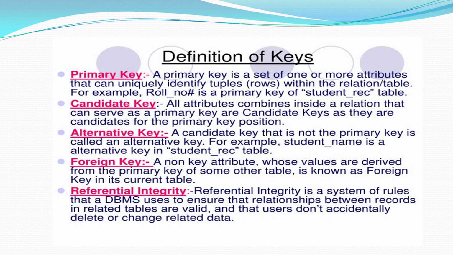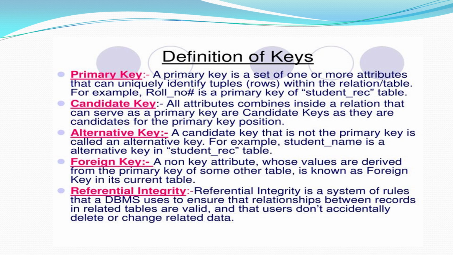Next is our candidate key. Candidate keys are all the attributes in a relation that can serve as a primary key, as they are candidates for the primary key position.